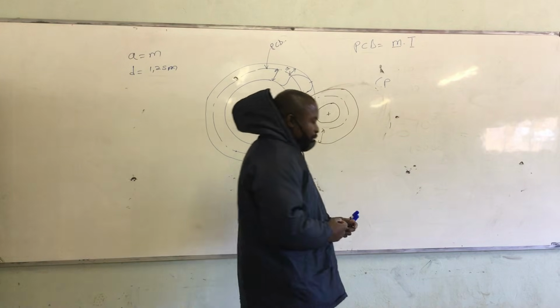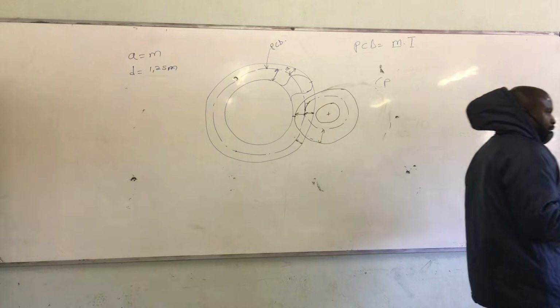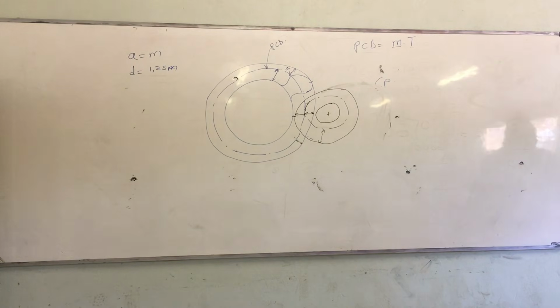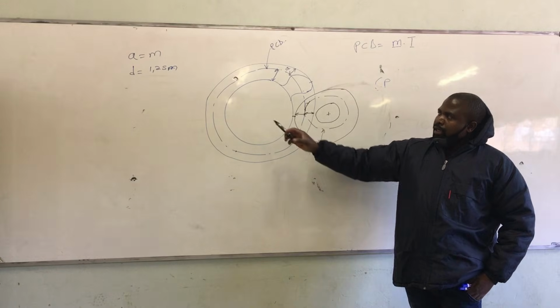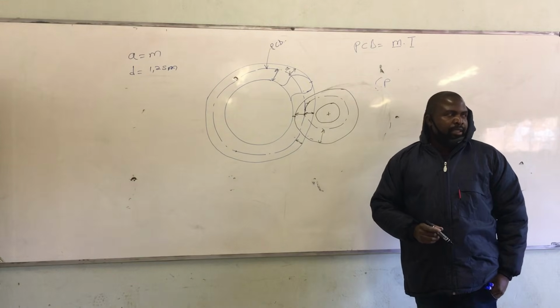A lot of things can happen. Even the shaft can bend. So for these two to mesh together, the addendum must be the same.